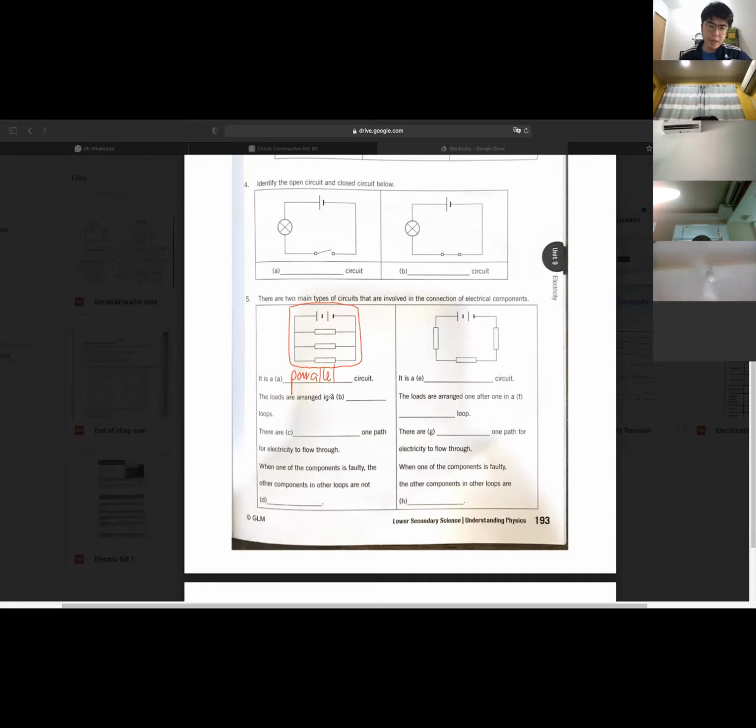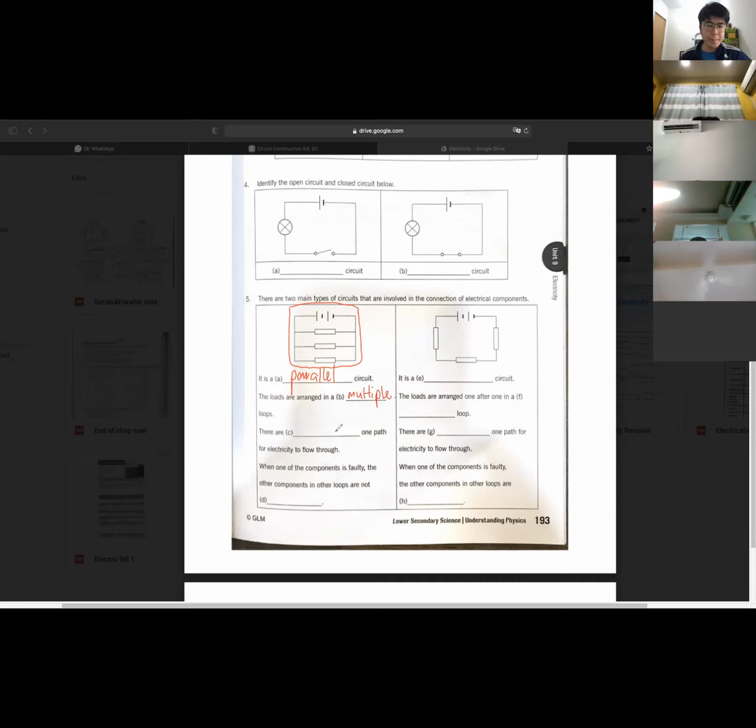The loads are arranged in, is it one loop or more than one loop? More, right? So all the loads, meaning the resistors or the light bulbs, are arranged in multiple loops.